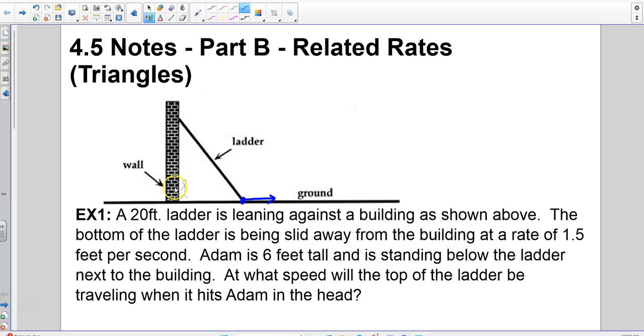So, we want to know the rate at which this is changing. We're looking at a right triangle here. We want to call one of these sides A, one of these sides B, and we'll call this side C. It does not matter which side is A or B, but C needs to be the hypotenuse.